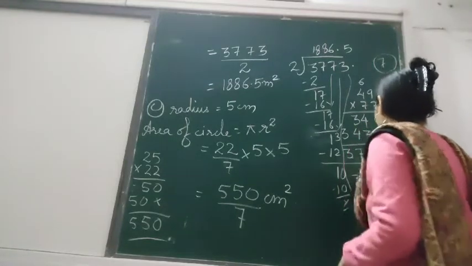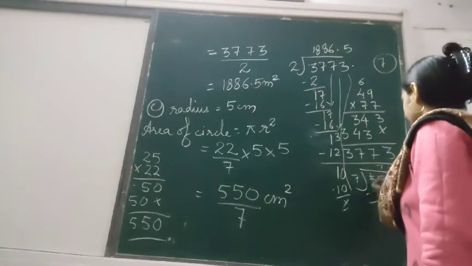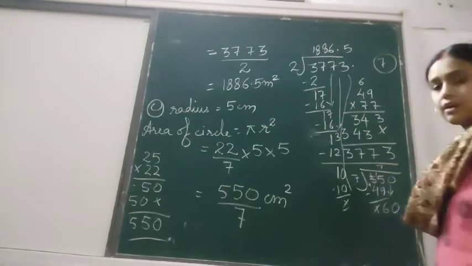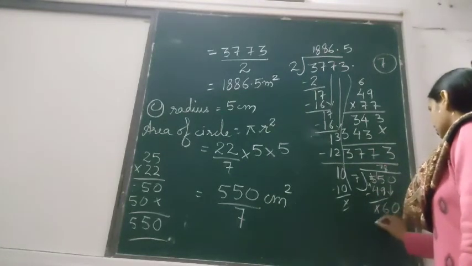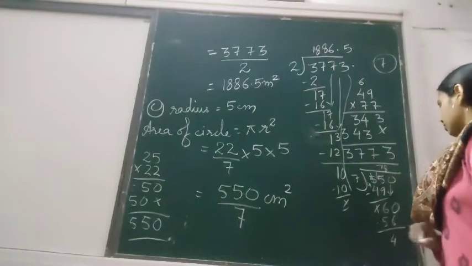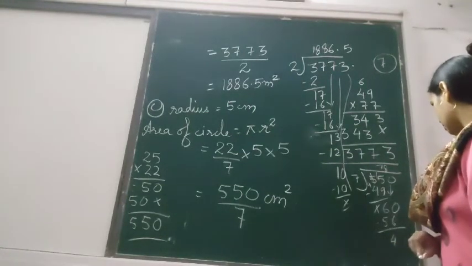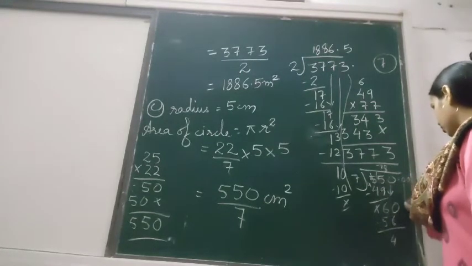550 divided by 7. 7 sevens give us 49. 60, 0 comes down. It becomes 60. 7 8s are 56. Minus. 4 is left. Nothing is there, so we put a decimal and bring down the zeros.